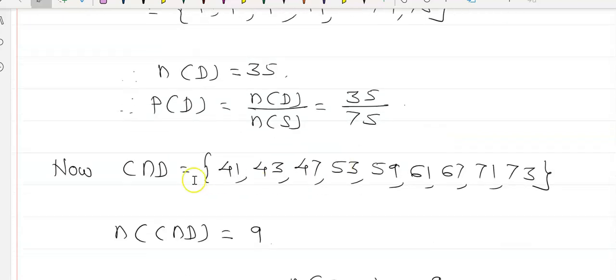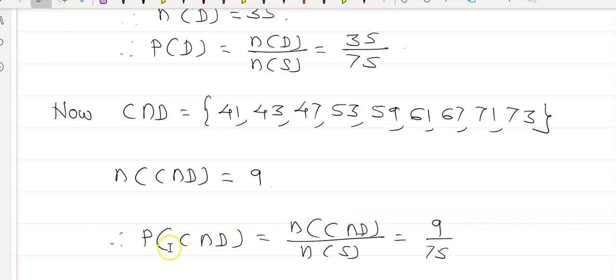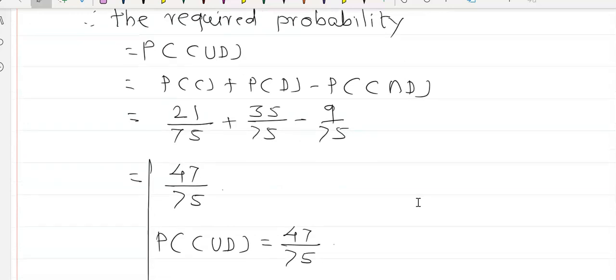They are common numbers. There are 9 numbers. Therefore, P of C intersection D is equal to n of C intersection D upon n of S, 9 upon 75. Therefore, the required probability is 21 upon 75 plus 35 upon 75 minus 9 upon 75, and hence the required probability is 47 upon 75.